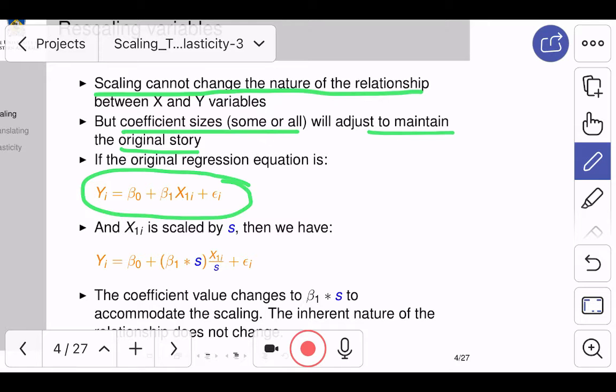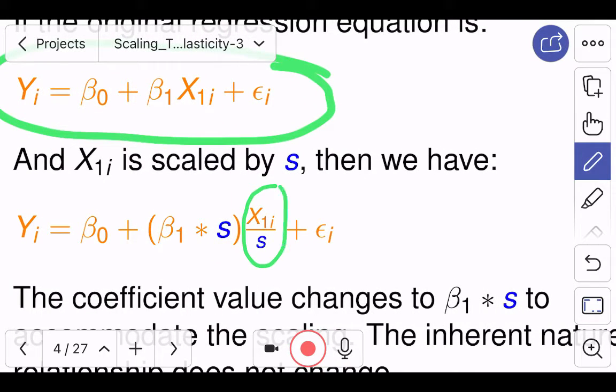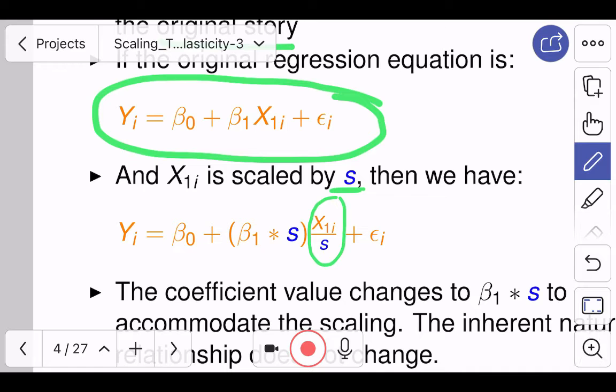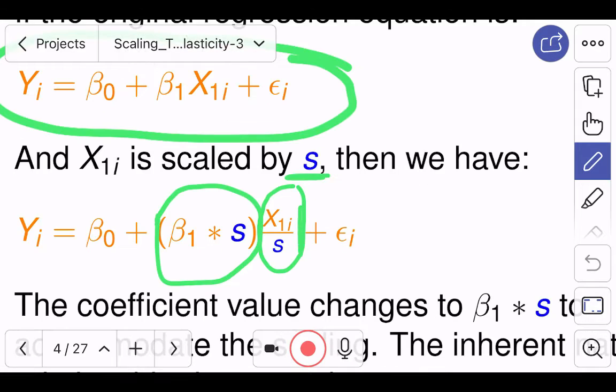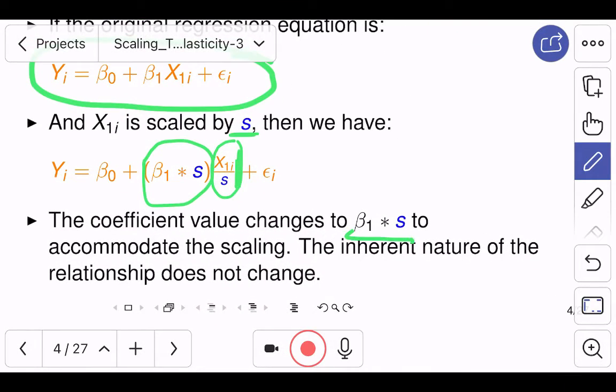So if you scale the x variable by dividing it by a number s, and s could be 10, 100, 0.1, or 0.01, it doesn't matter, then your coefficient will have to adjust to maintain that the story is the same, so that a change in your new variable is not going to lead to a different story. It has to lead to the same story. So the coefficient value will be multiplied by s. And that's how it works.